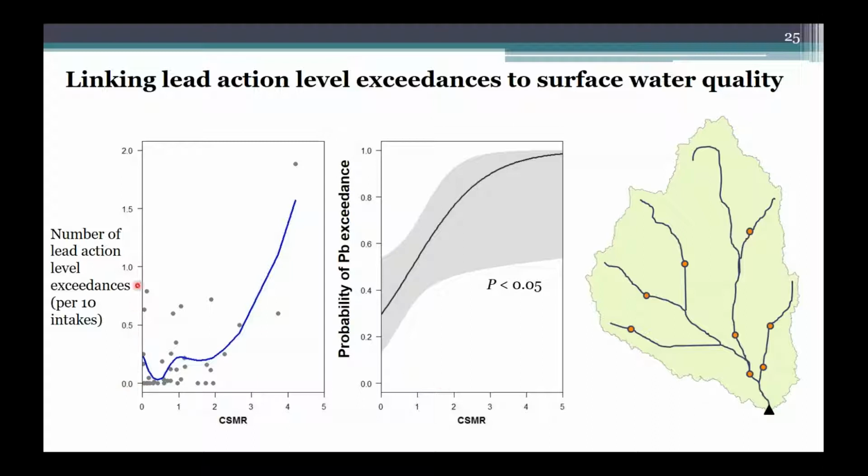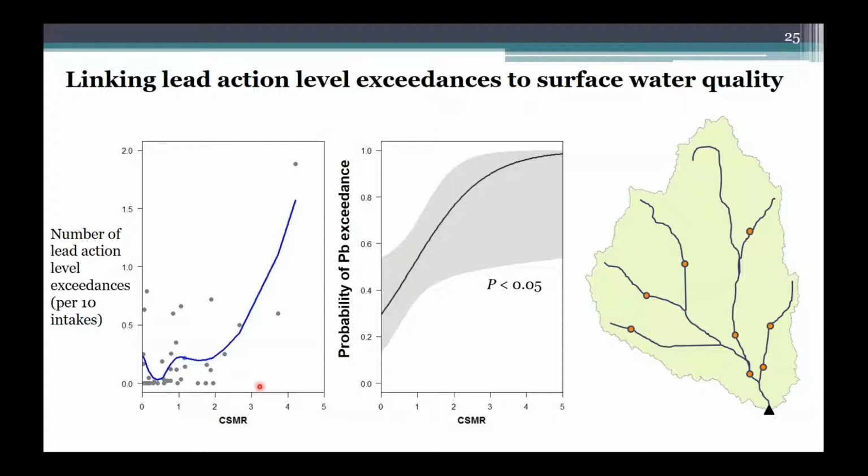And then we're counting up how many action level exceedances we have per 10 drinking water intakes within the basin. And we find this kind of messy relationship that seems to indicate an increase in the probability of finding an action level exceedance when the chloride to sulfate mass ratio is quite high, okay?